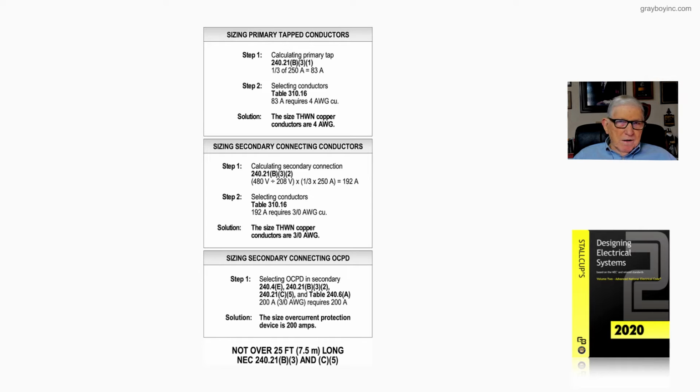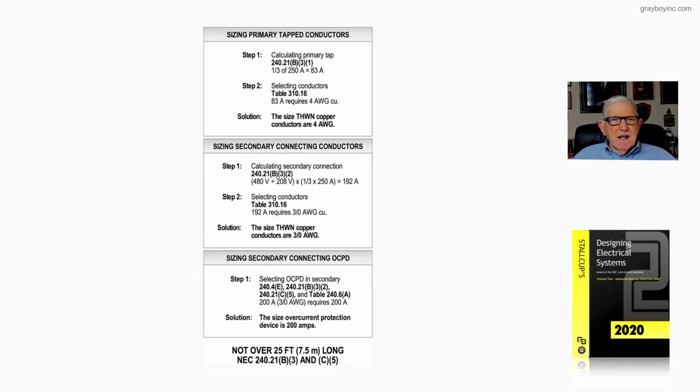So selecting our conductors, table 310.16, the secondary conductors would have to be 3 aught, good for 200 amps each from the 75 degree column in table 310.16 to supply 192. So the solution is our conductors would be 3 aught for that secondary tap for the transformer secondary conductors.